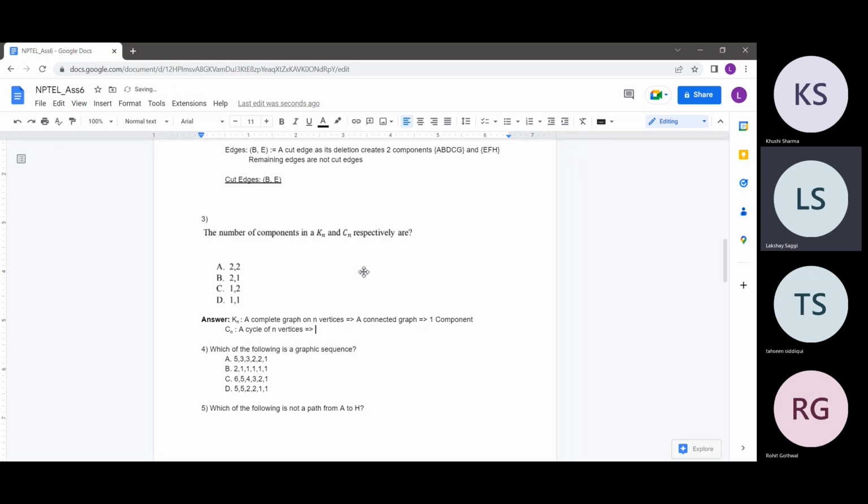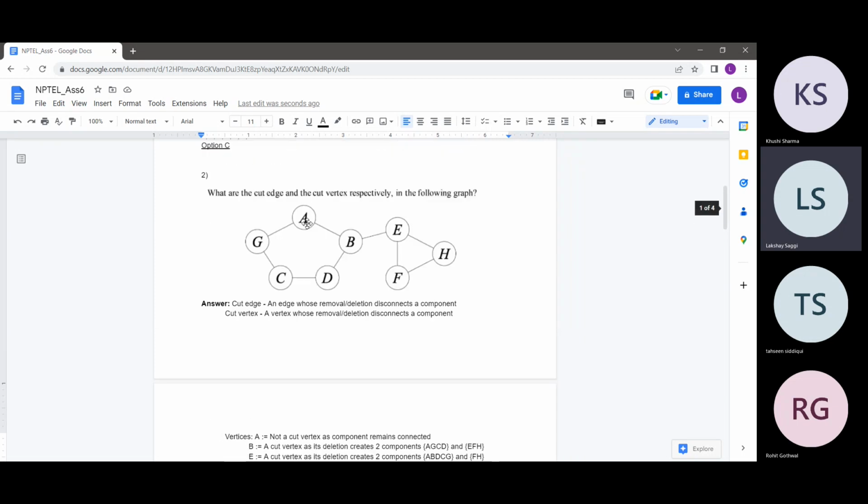In a cycle, every pair of vertices can be easily connected to each other, by going along the cycle in the clockwise or anti-clockwise direction. Here, suppose in this graph A, B, D, C, G, every pair of vertices can be connected to each other via this cycle.